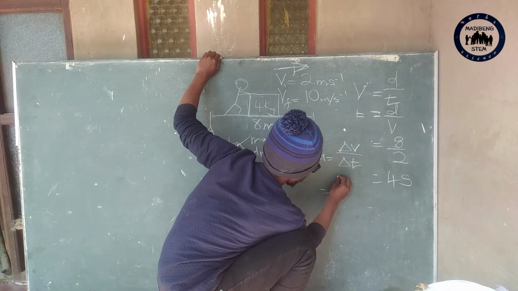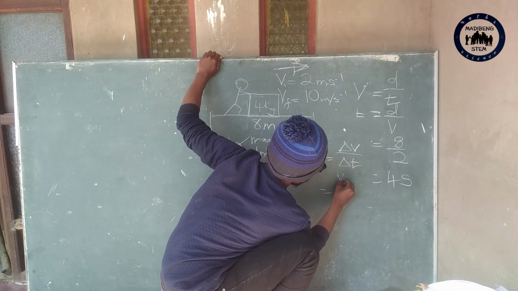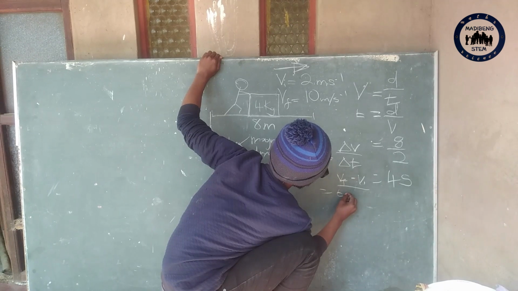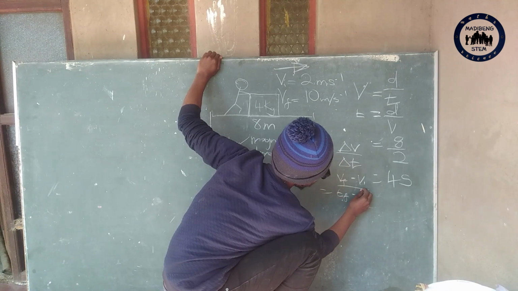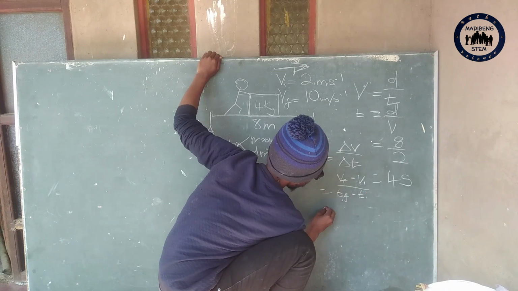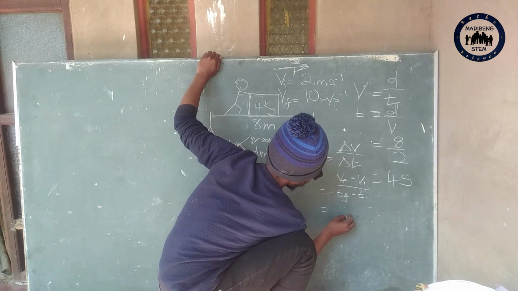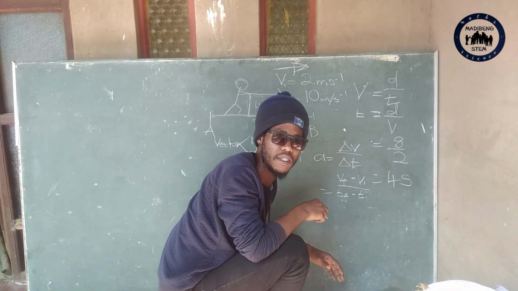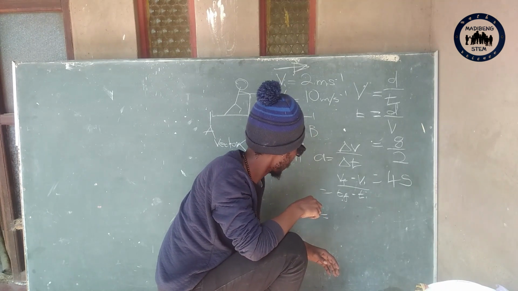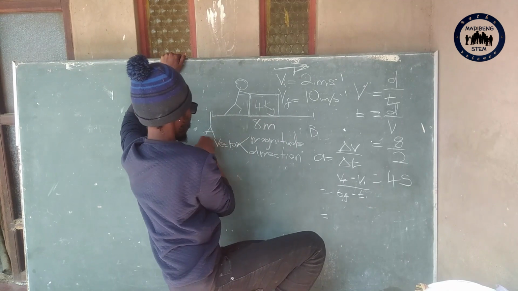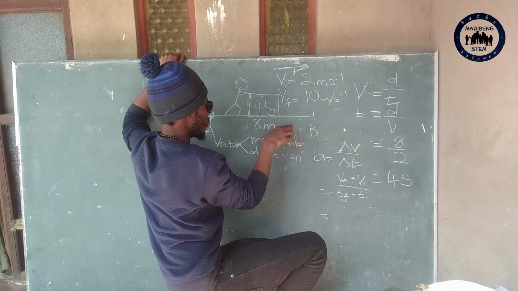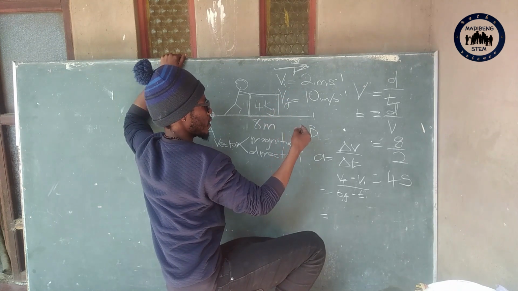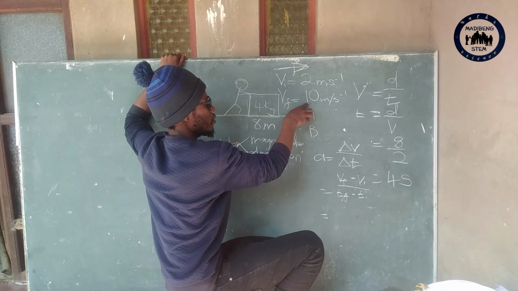So acceleration is v final minus v initial divided by t final minus t initial. Initially it was at rest when he was at point A, but he started moving with this velocity. So they want to know the acceleration when he increased the speed to 10 meters per second.